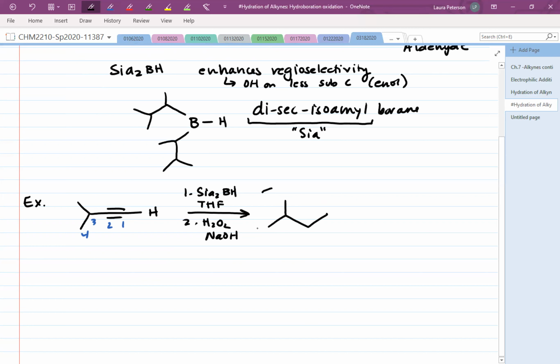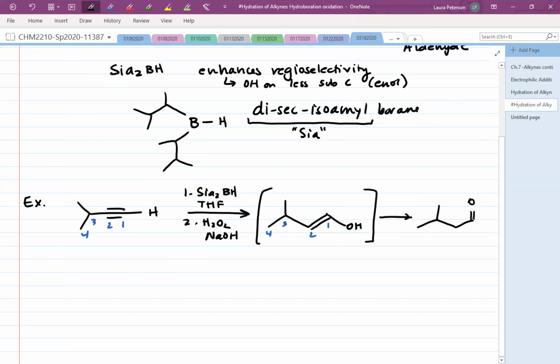So the initial product coming out of this reaction would be the enol, where the OH is at the less substituted position. I've added OH to the less substituted position and H to the more substituted position to get to this enol. And then the products of this reaction, so remember keto-enol tautomerization can happen under acidic or basic conditions. We're under basic conditions in the oxidation step with NaOH, and so that catalyzes the tautomerization step.